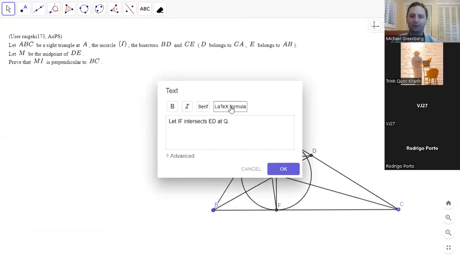But wow, this is tricky. I would have never imagined that a synthetic solution would be this hard.